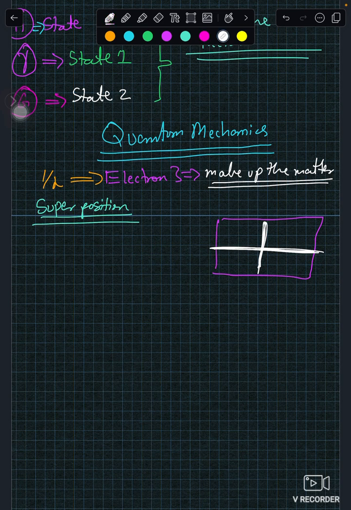Let me first of all describe superposition. Let's suppose we have head and we have tail. Head, tail. What are the chances, in classical physics, of it being head or tail? 50-50, right?